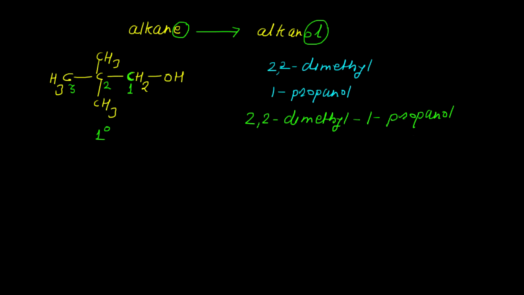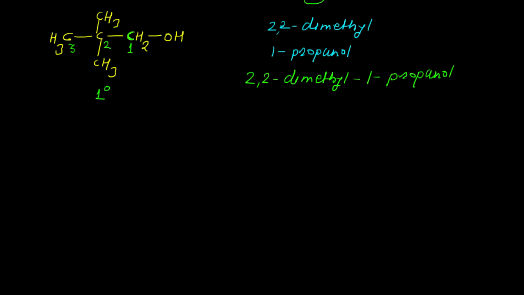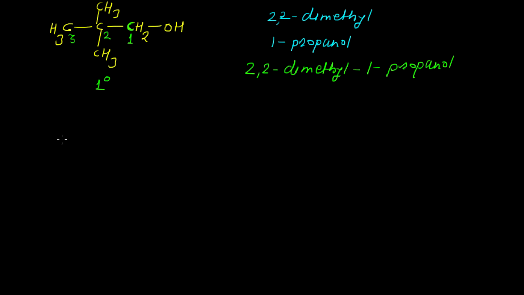Now let us take a little bit more complicated example. So let us draw the structure like that. So we have OH, here is the substituent. You can also put the substituent over there, one methyl group and the chlorine group. While writing the IUPAC name to this compound, we can start the numbering from left hand side towards the right hand side and from right hand side towards the left hand side.